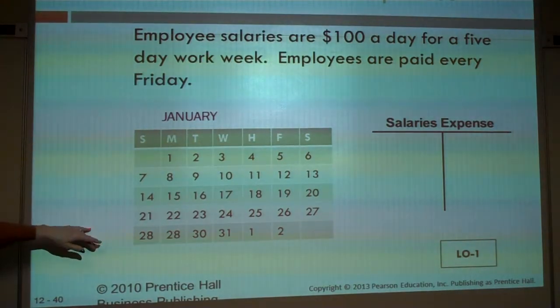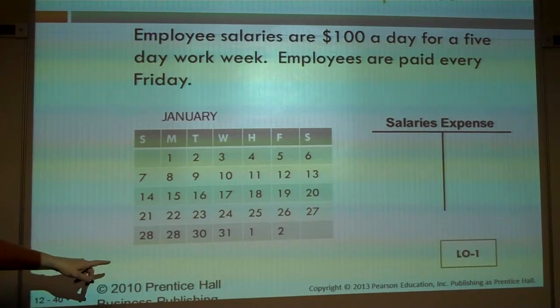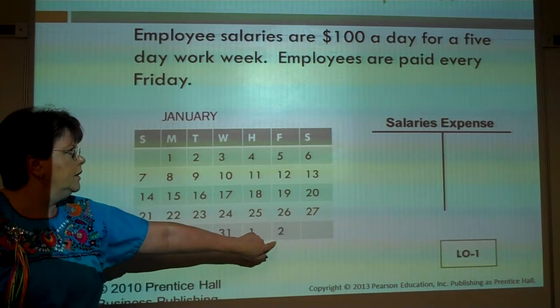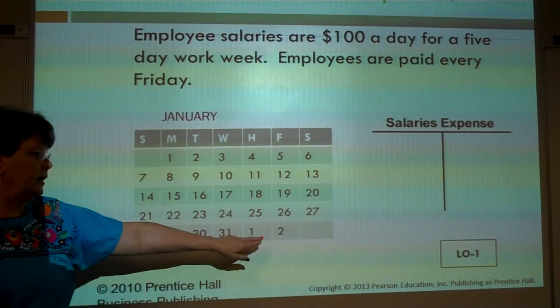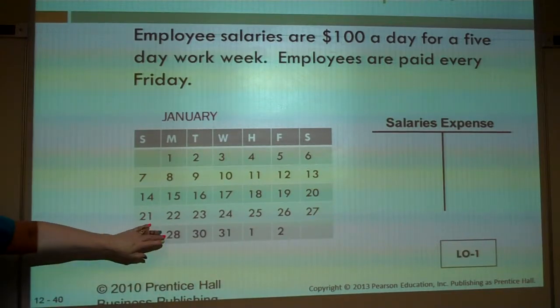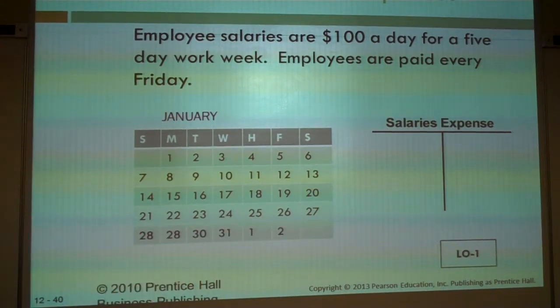This was the example that we had with the salaries. If we get paid every Friday, and this is January, we're getting paid on February 2nd, we still have 3 days from January that will be in the February payroll.